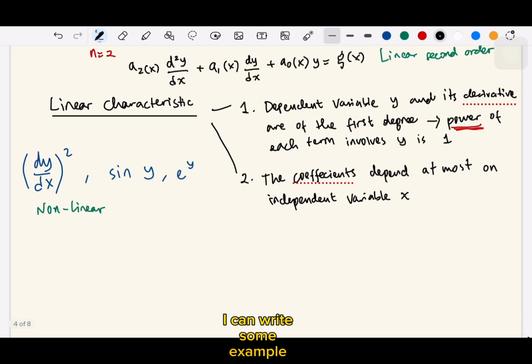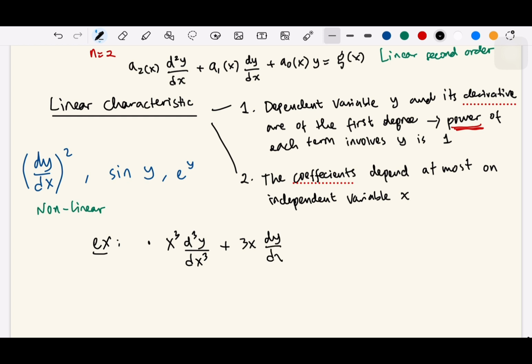Let me write some examples here for some equations. We are not yet finding solutions, just setting some definitions first.